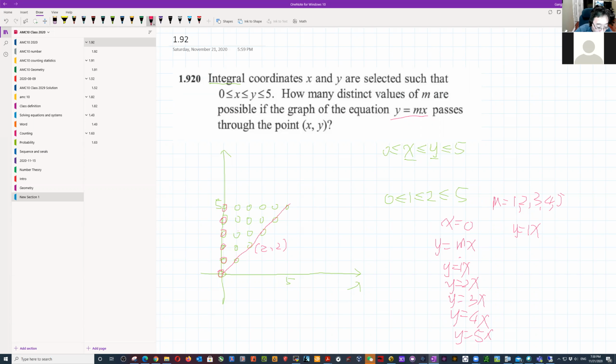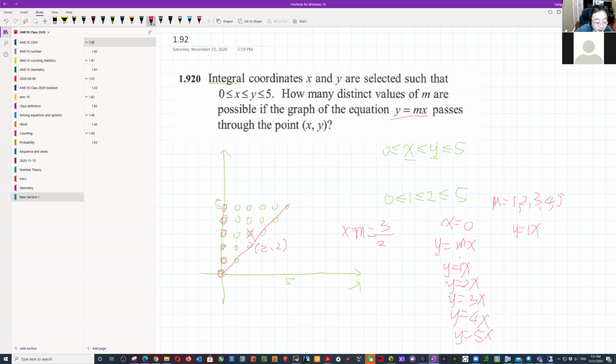The slope is rise over run. So the rise is 3 and the run is 2, so m is equal to 3/2. So this point produces a new number.